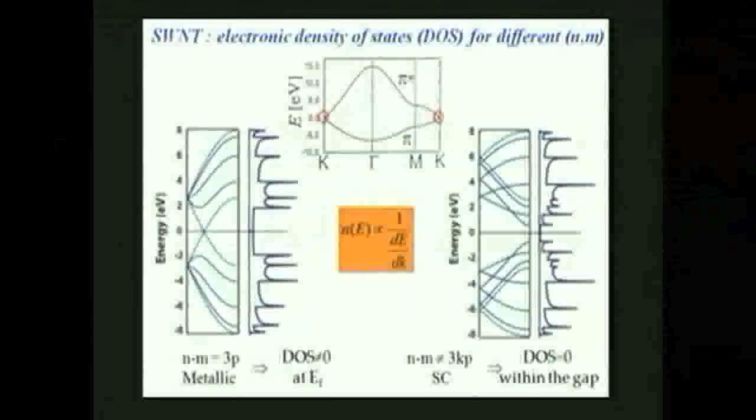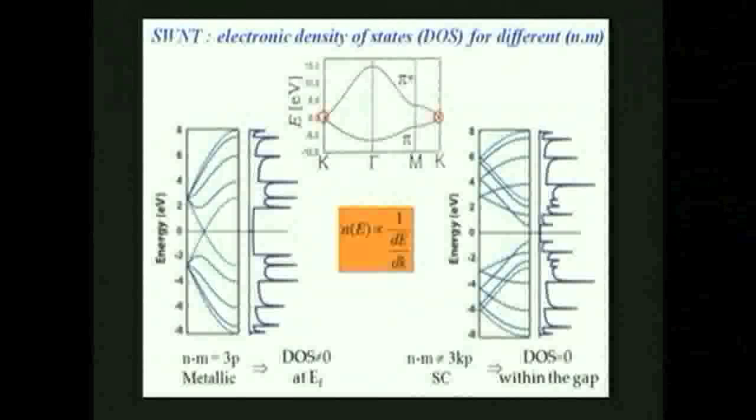These are the dispersion curves for the electron waves propagating along the nanotube axis. And when you want to know the density of states, you just have to integrate this dispersion curve over the whole wave vector range.